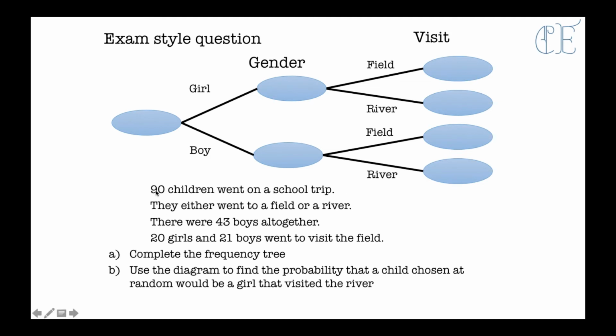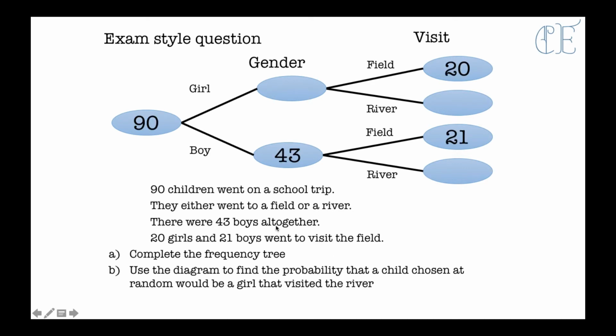So 90 children went on a school trip. They either went to the field or a river. There were 43 boys altogether, and 20 girls and 21 boys went to visit the field. You've got to work out as well how many people went to visit the river. It wants you to complete the frequency tree. Altogether there are 90 children.